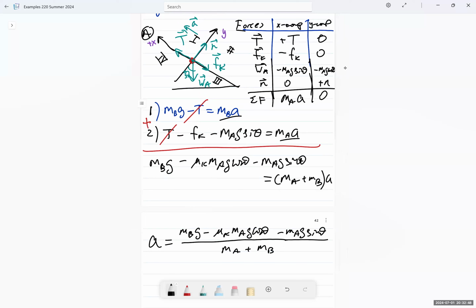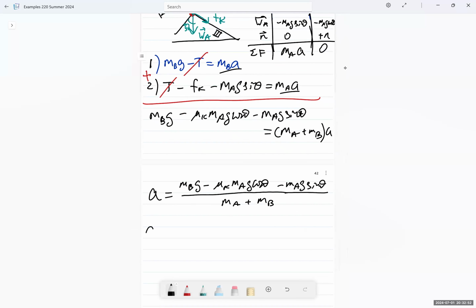The only thing I can factor out at the top is the acceleration of gravity g. So a equals MB minus mu k MA cosine theta minus MA sine theta, over, since they're both 10 kilograms, 20 kilograms, times g.